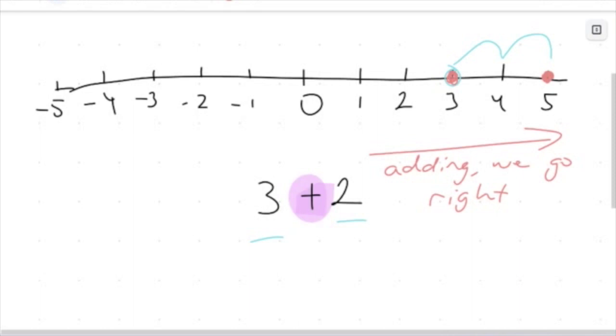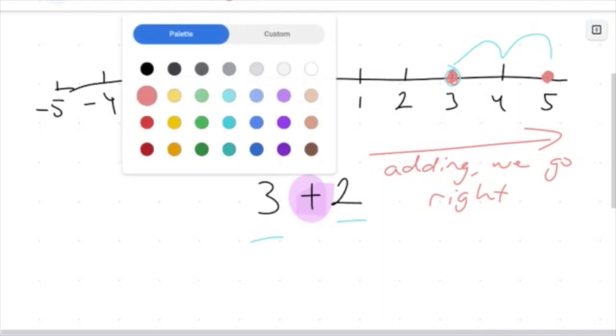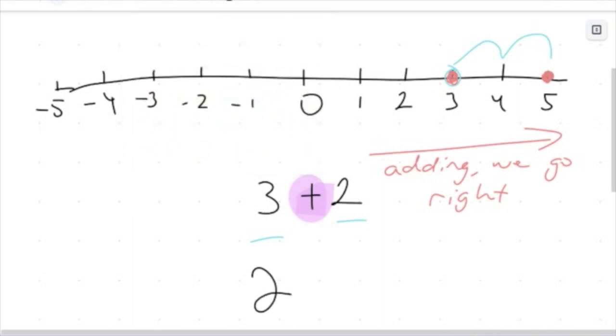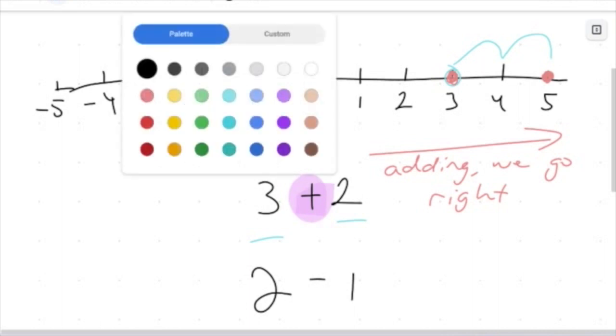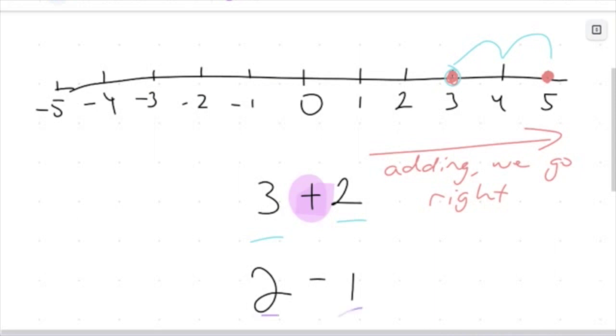Now let's look at when we did subtractions. For example, if we did 2 minus 1, we started at 2, and then we subtracted 1 from that. The operation we did was a subtraction. We were trying to make the number lower. We were saying, what is 1 less than 2?